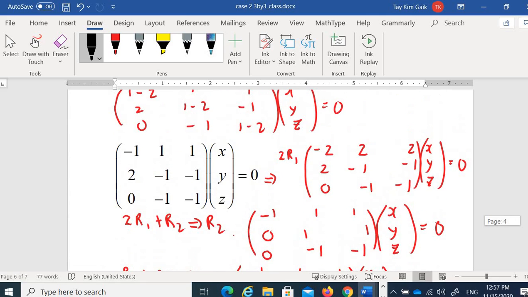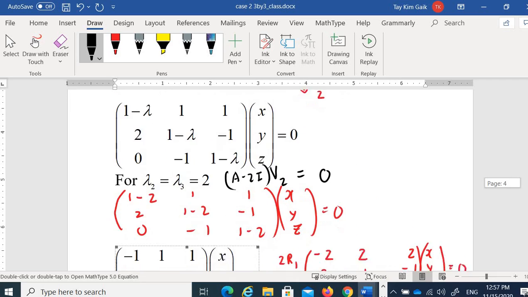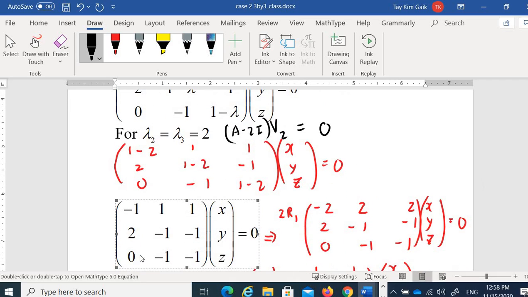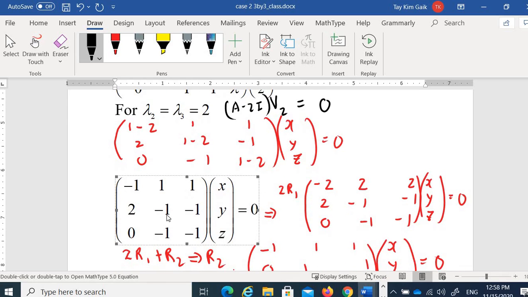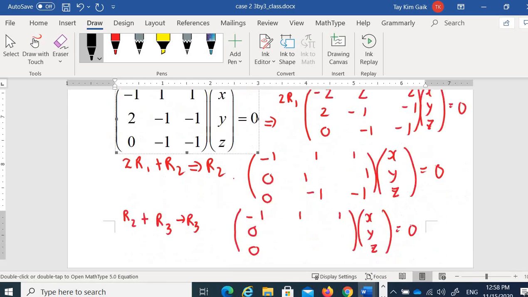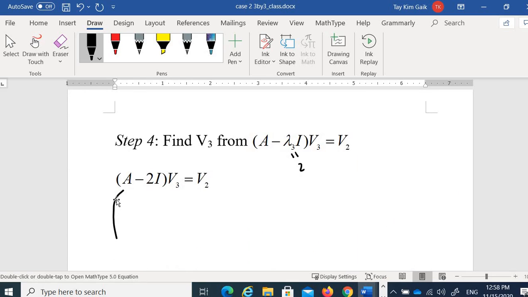A minus 2I, you get this one, after you put in lambda is 2. Lambda is 2, 1 minus 2, 1 minus 2. Simplify, I will get this here. Copy this one and paste here.